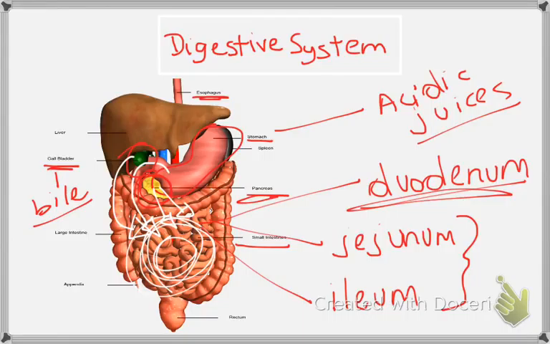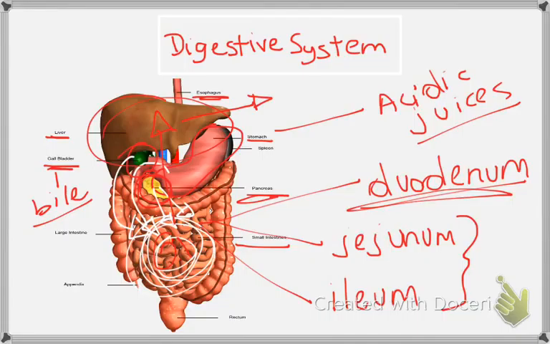Then there's also the liver. Right here's the liver, this huge brown thing, and what it does is absorb the nutrients produced right here in the small intestine and process them. It processes those nutrients so they would go to the liver, and then they would be secreted into other parts of the body as chemical substances.